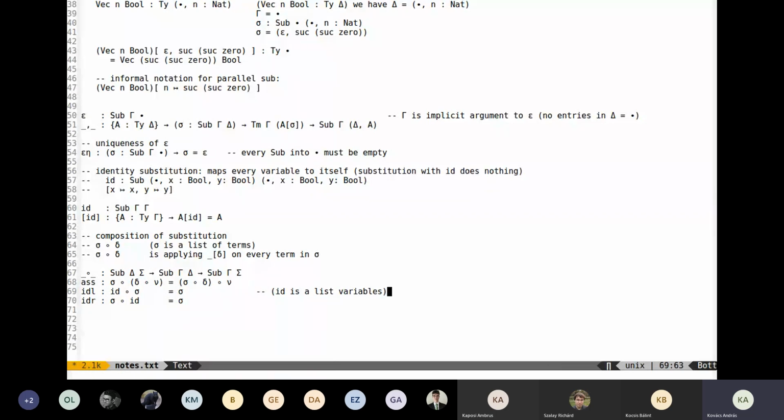But if we are performing a substitution on a variable, then it's just going to look up the corresponding term from sigma. So sigma is a list of terms, and ID is a list of variables. And performing this composition just looks up a term from a list of terms. So what is going to happen is that we just get back exactly the same list of terms that we started with, which is sigma.